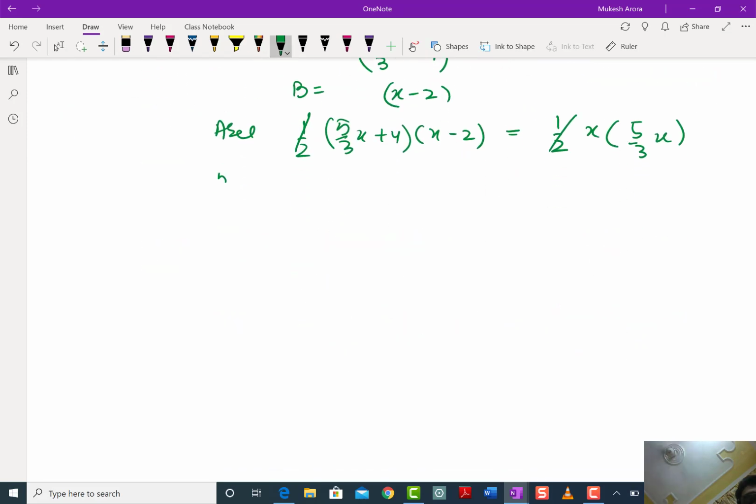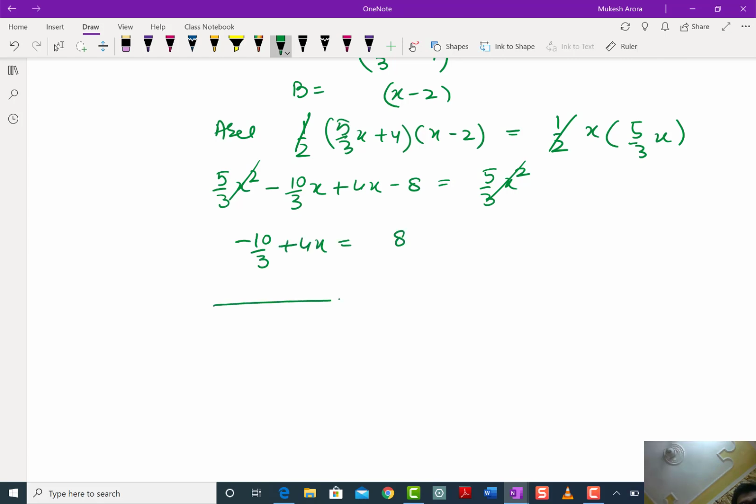So this is 5/3x square minus 10/3x plus 4x minus 8, and 5/3x square. This is cancelled. So minus 10/3x plus 4x is equal to 8. So 3 is the LCM.